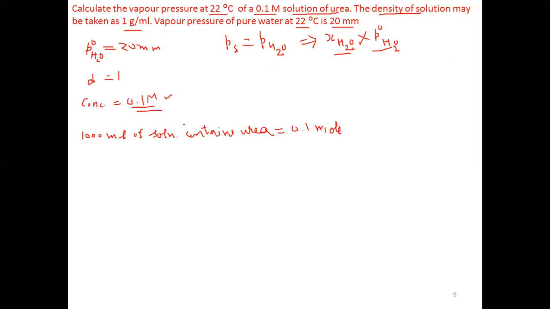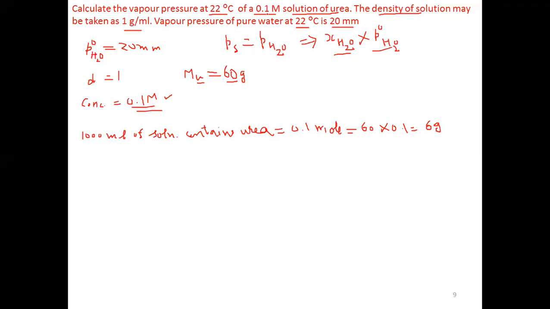Now the concentration was given as 0.1 molar. So 0.1 molar means 1000 ml of solution contains 0.1 mole of urea, and 1 mole of urea is equal to its molecular weight. The molecular weight of urea, denoted by Mu, is 60. So 1 mole of urea is 60 grams, and 0.1 mole is 60 into 0.1, which is 6 gram.